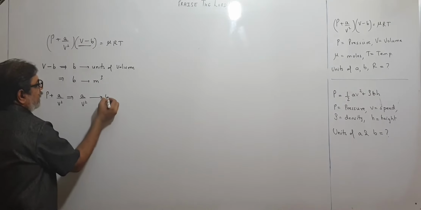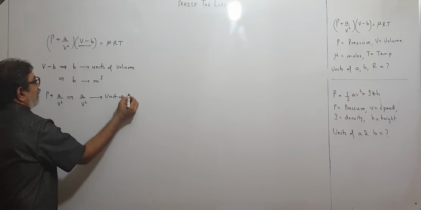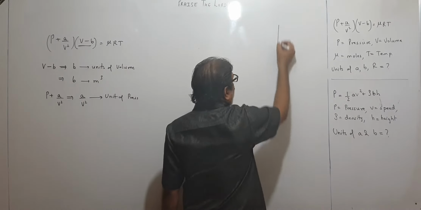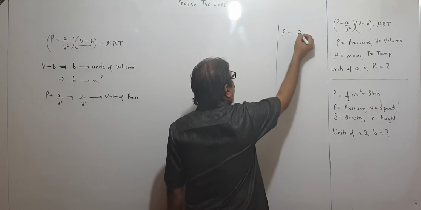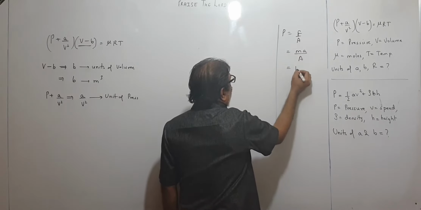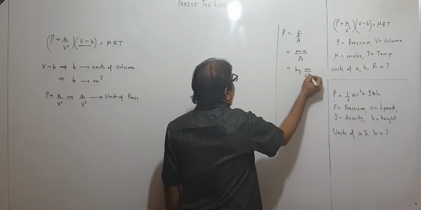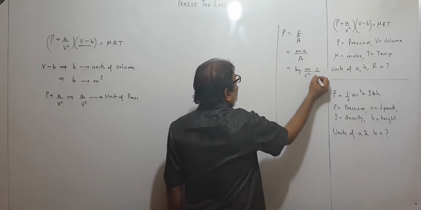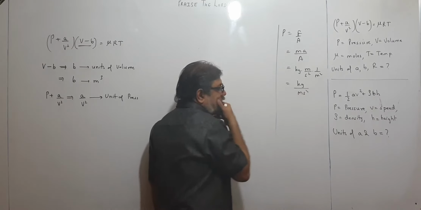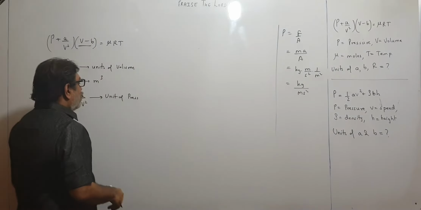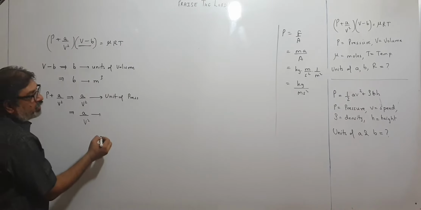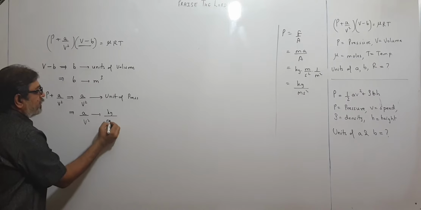What are the units of pressure? Pressure is force upon area, force is mass into acceleration, so kg meter per second square, area means 1 upon meter square, kg upon meter second square. So a upon V square has units kg upon meter second square.